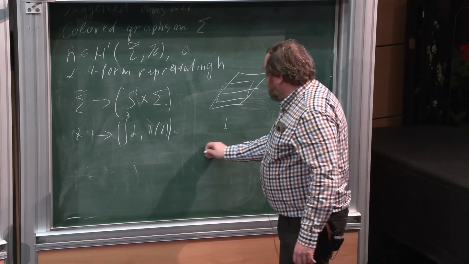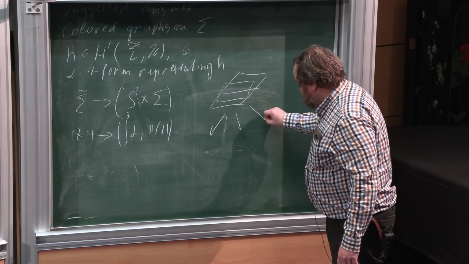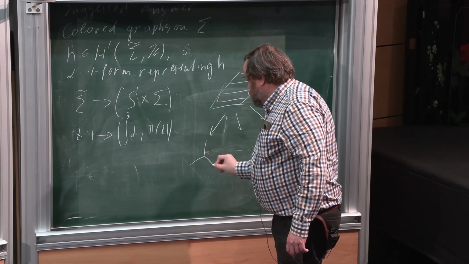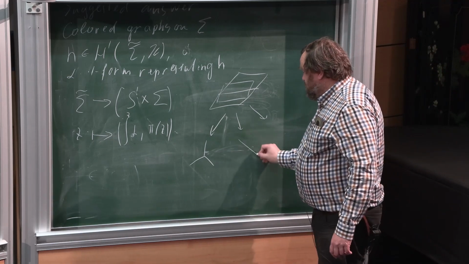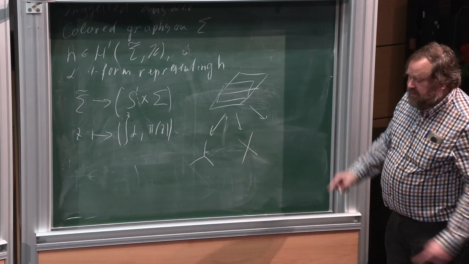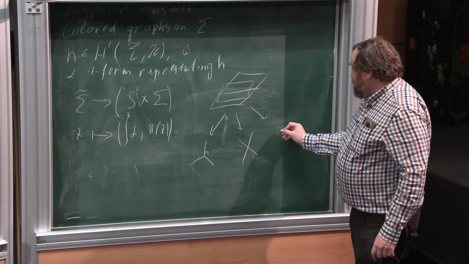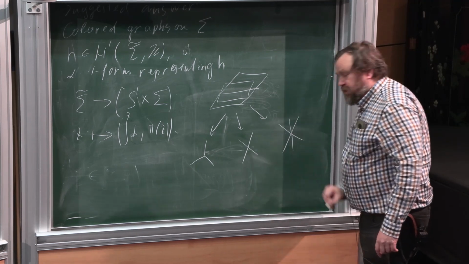So what you get, I claim, is that generically there are three types of singularities. One singularity is just a trivalent vertex. Another singularity is a four-valent vertex, just two lines projecting the same. And if you have a triple intersection, it corresponds to a six-valent vertex.